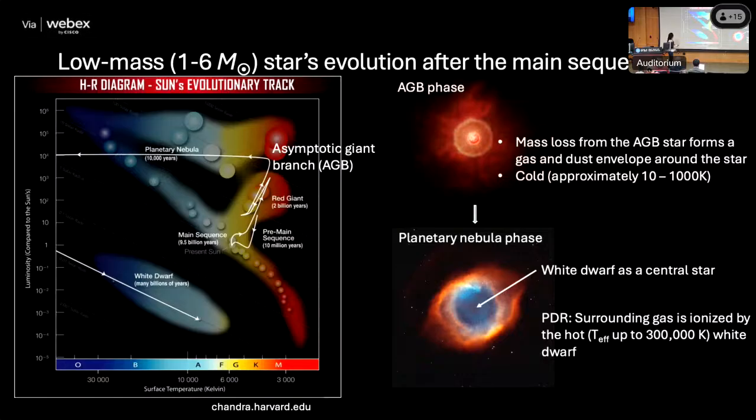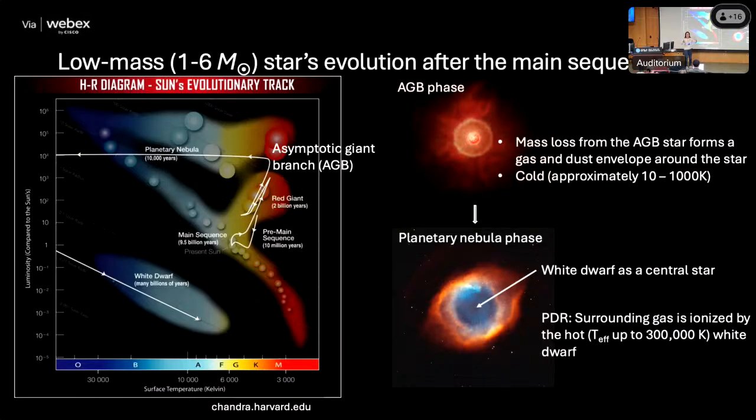So this is an HR diagram. When the stars leave the main sequence, it goes to the red giant phase first and then up to the asymptotic giant branch, the so-called AGB phase, as a second evolution phase. When the star is in the AGB phase, the stars are slowly pulsating.